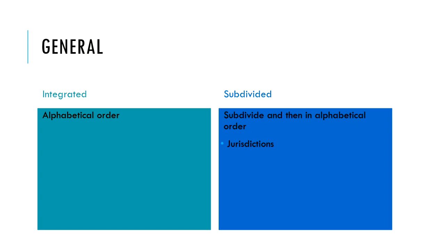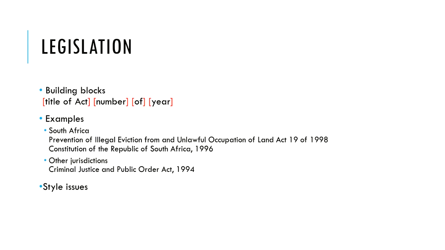So the building block here, again departing from the South African position, is the title of the Act, the number of the Act, of, very important, and then the year. So the examples from South Africa and from the United Kingdom are there.